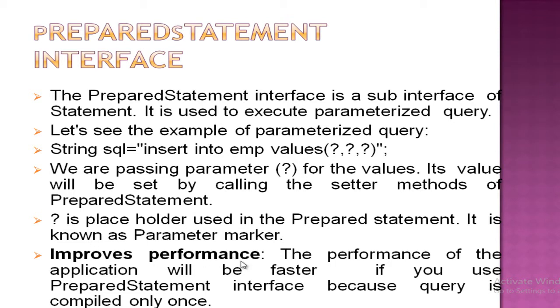The performance of the application will be faster if you use the PreparedStatement interface, because the query is compiled only once. Right? Why are we using the PreparedStatement interface? For faster execution and better compilation. These are the two reasons we use the PreparedStatement interface.